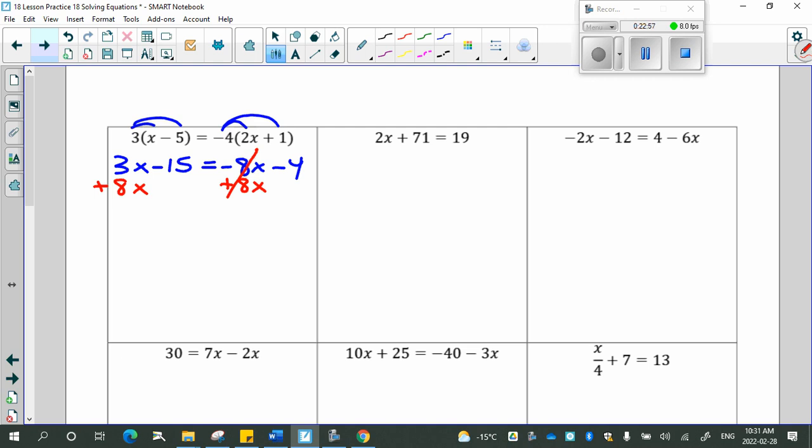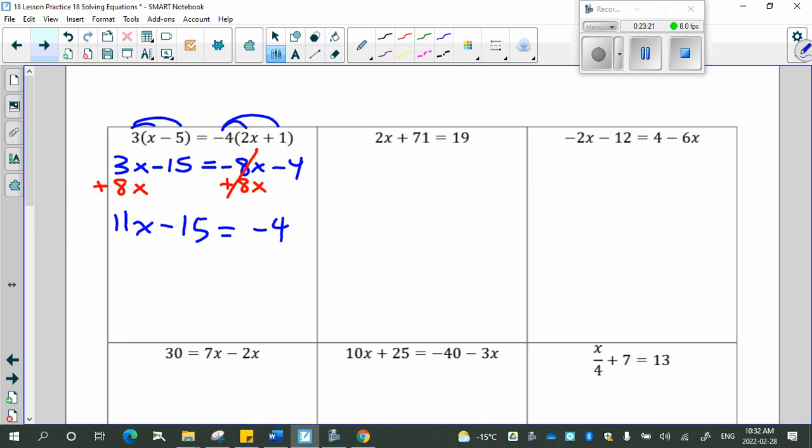And again, ask yourself, is it creating 0? Is negative 8x plus 8x 0? Yes. And don't forget the x's. I saw some people just writing plus 8 plus 8. That's not right, because you can't add 3x and 8, because they're not like terms. So now on this side you have 11x minus 15. On this side you have negative 4.